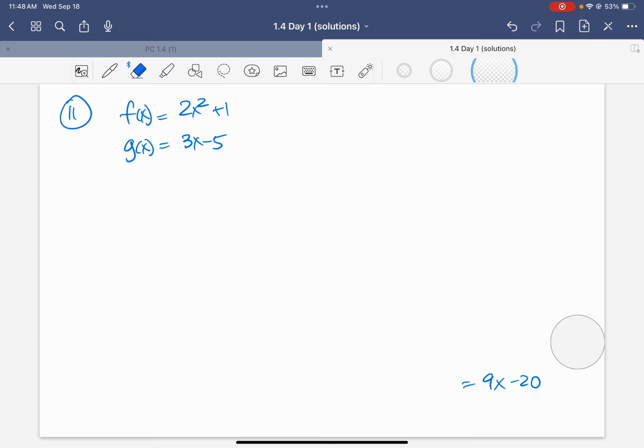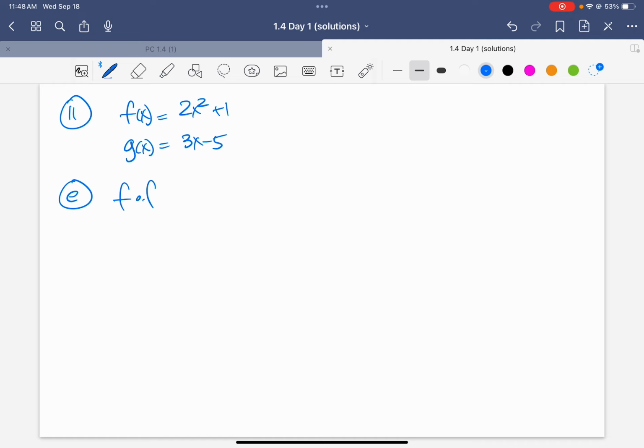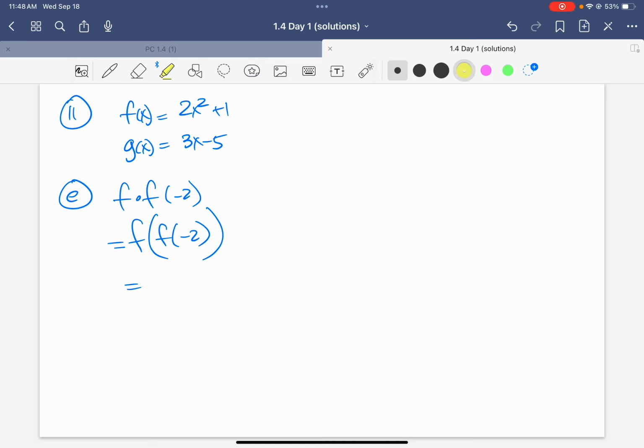E is going to end up being f of f of negative 2, which means first you plug in negative 2 into f, and then take that answer and plug it back into f. So what is f of negative 2? Well, f of negative 2 means you just put negative 2 inside of f.